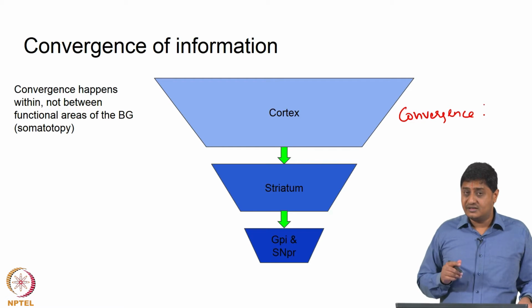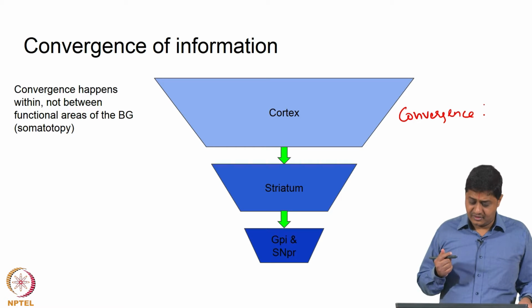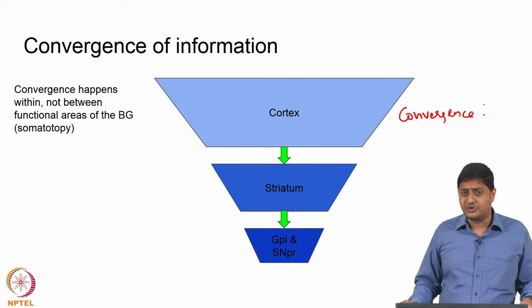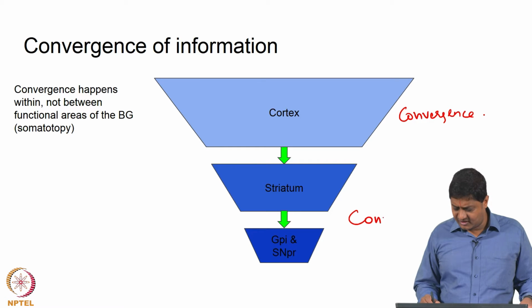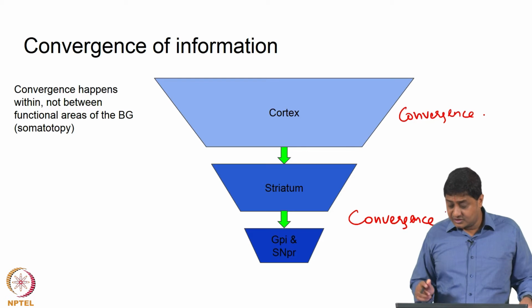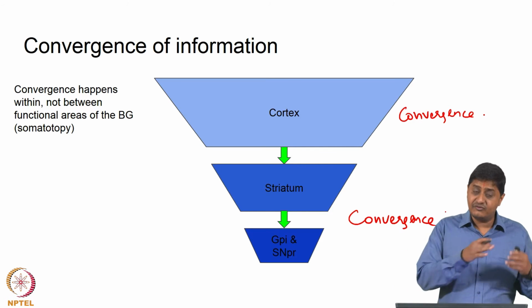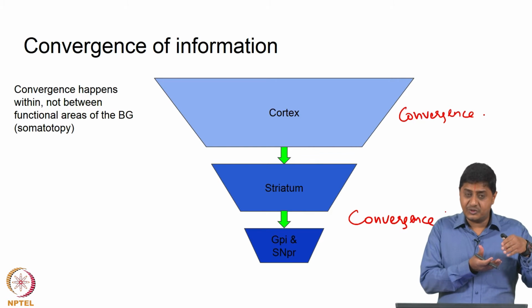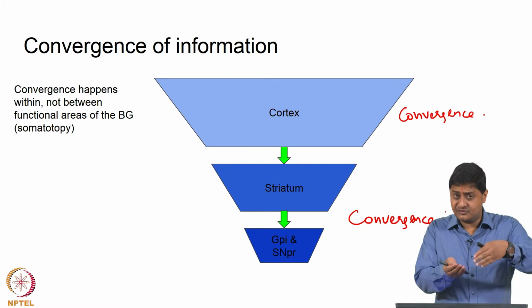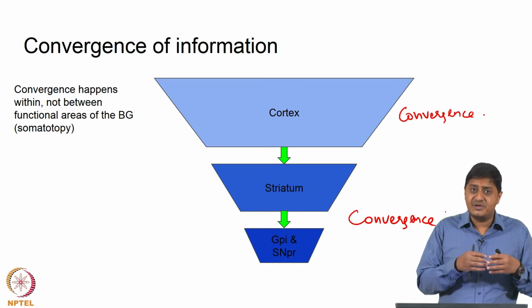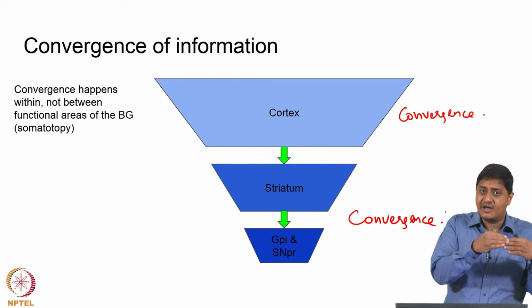And also we said that a relatively large number of the striatal medium spiny neurons project to a relatively smaller number of neurons in the output nuclei, which are basically globus pallidus internal and substantia nigra pars reticulata. So, essentially what is happening is one more level of convergence here. This would make us believe that from multiple areas it is projecting to a smaller area, so that integration of information from multiple areas in the cortex happens in the striatum.